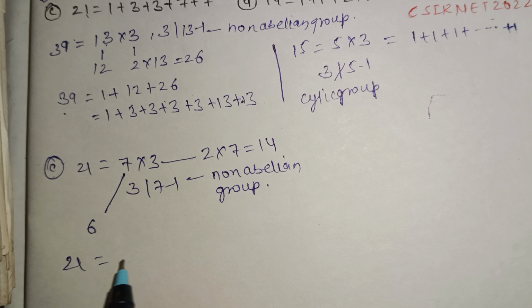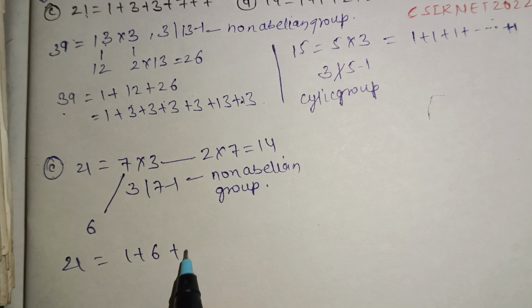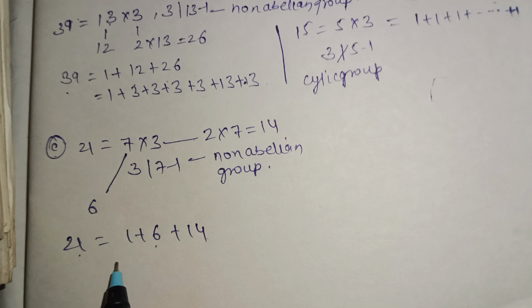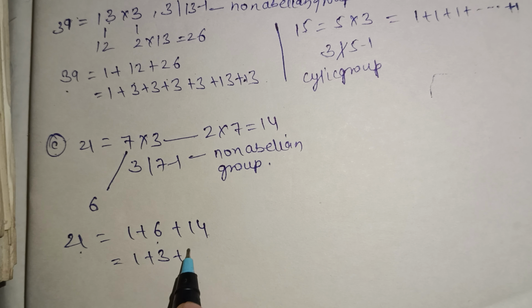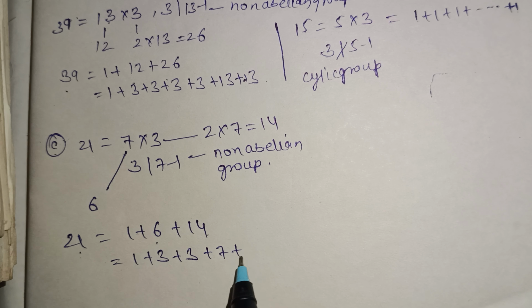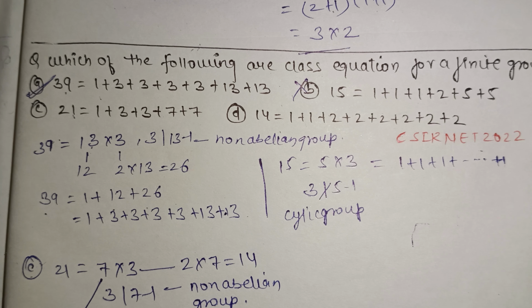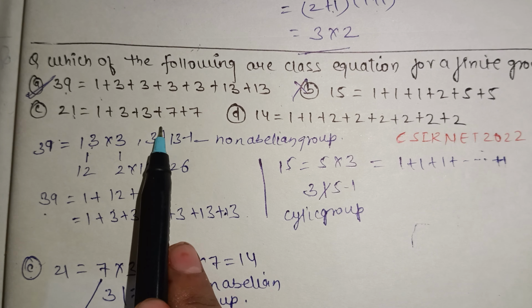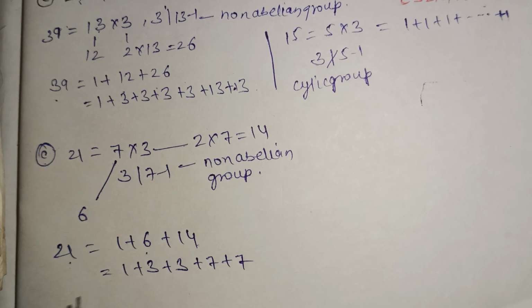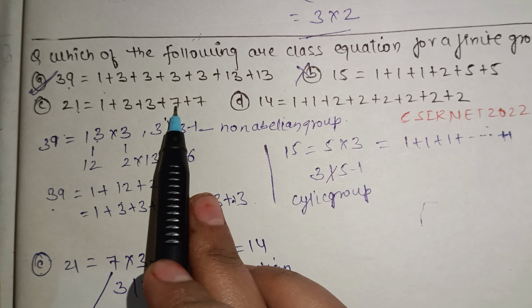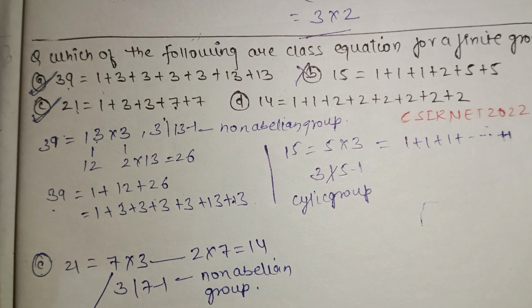So 21 is equal to 1 plus 6 plus 14. And we know 6 does not divide 21 and 14 does not divide 21. So it can be split as 1 plus 3 plus 3 plus 7 plus 7. So we see this matches; the class equation of 21 matches, option C. So our option C is also right.